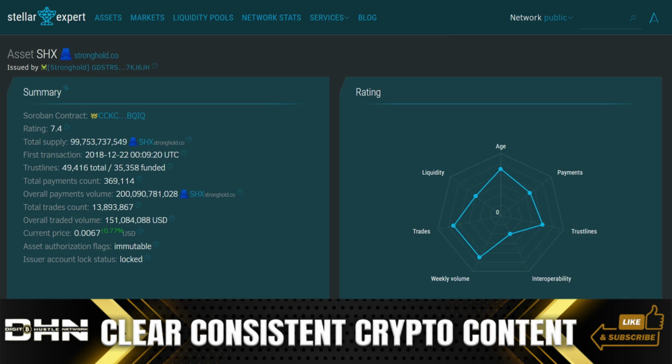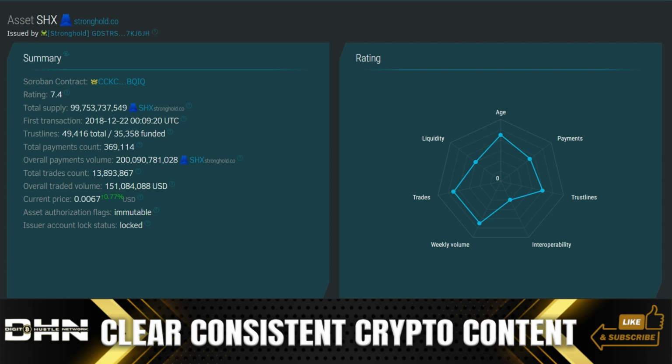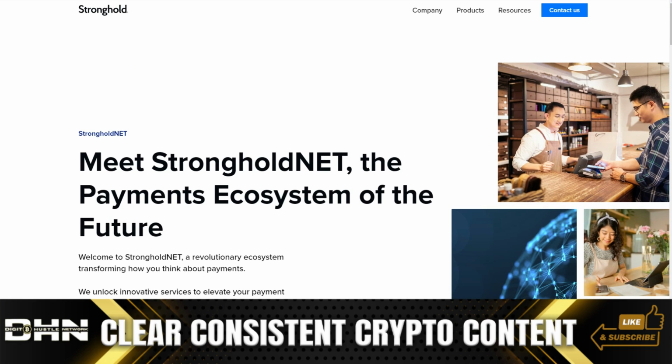Alongside this one, ladies and gentlemen, we're talking about Stronghold, okay? Definitely one of the OGs on this list, older than Relio. So if you haven't heard about Stronghold, there's a number of crypto channels that have covered this token. It is a very, very hidden gem. That's the best way I can describe it, because what Stronghold does is a number of things.